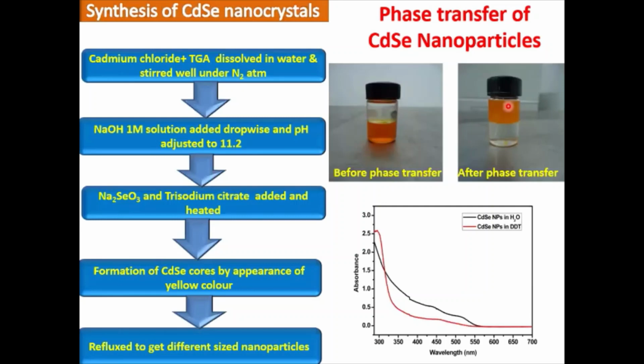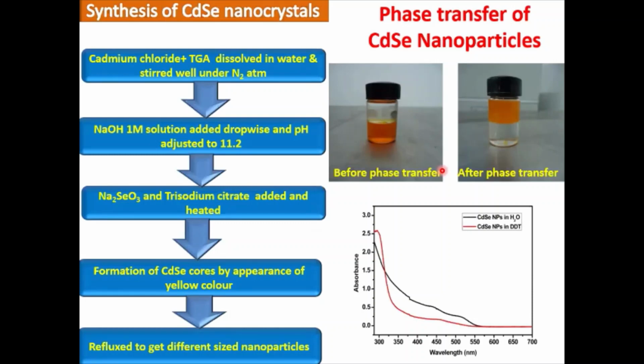The process is very simple. You just add one or two drops of acetone over this cadmium selenide dissolved in or with surfactant TGA, and then add DDT, dodecanethiol, just stirring or shaking for 20 to 25 minutes.